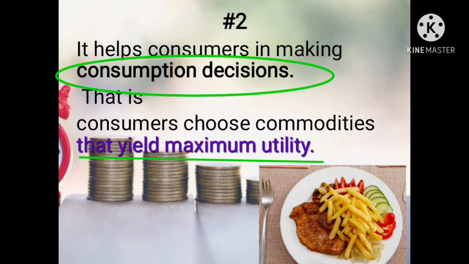If there are options of two plates of food and one plate seems to have less food and yet you are so hungry, then as a consumer, we hope that you will choose the plate that has more food, the plate that has enough food, because you are intending to maximize utility.